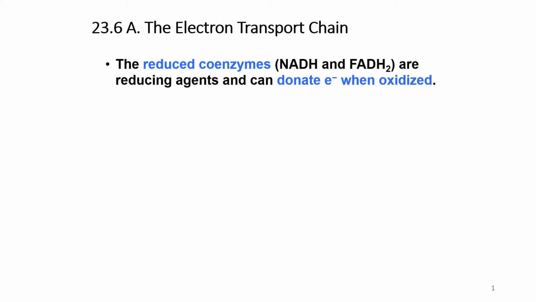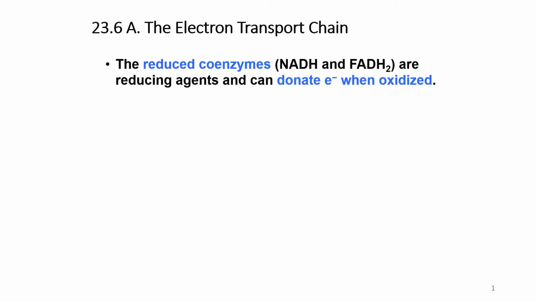Now we're going to look at the last pathway, the third pathway in those three-link pathways that are responsible for metabolizing monosaccharides, extracting electrons and protons from the intermediates in the pathways, which are then transported to the electron transport chain.